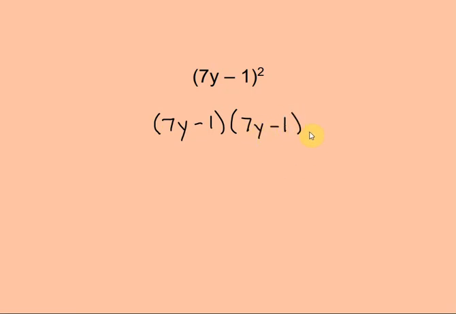Okay, so now you see we have two binomials. So we need to multiply the two binomials. We're going to multiply the first two terms together. That gives us 49y squared. The outer two terms, 7y times a negative 1, gives us a negative 7y.